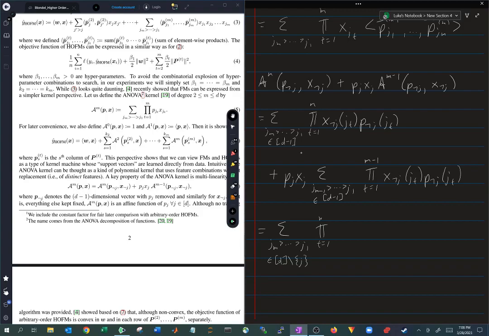And why does this work? We're basically just reindexing. Here we considered x not j and p not j as their own separate vectors, and this sum needs to be taken over all of their possible indices. But here we're allowing these j's to go up to d, but not include this j.